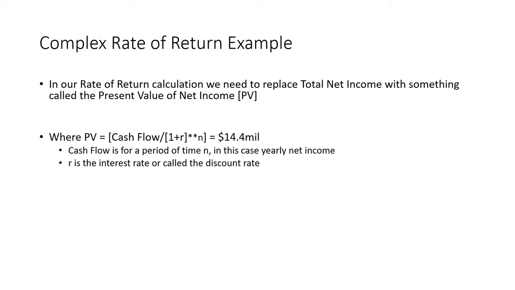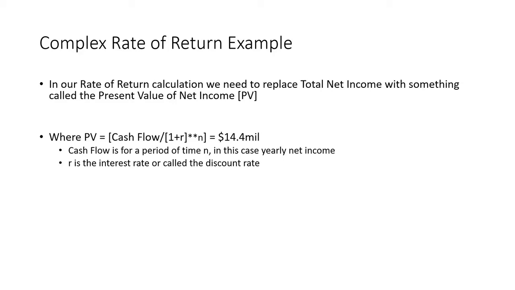And that 1 plus R expression is taken to the nth power, where N is the period of the cash flow. So in year 1, N would be 1. In year 2, N will be 2, and on through the 5 years.